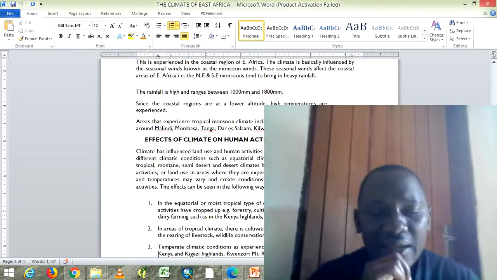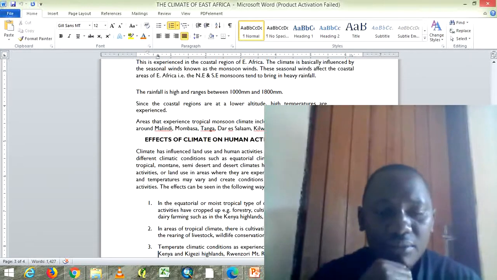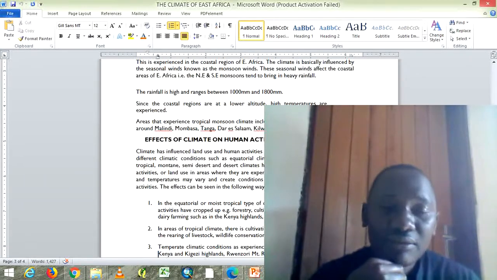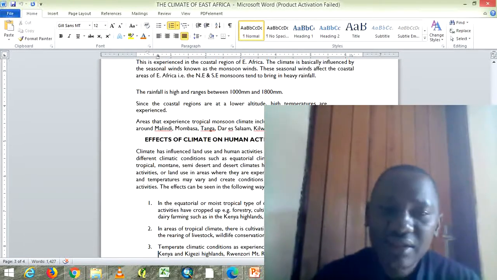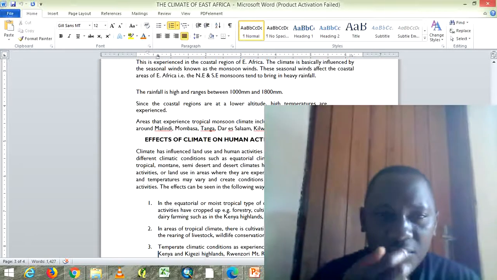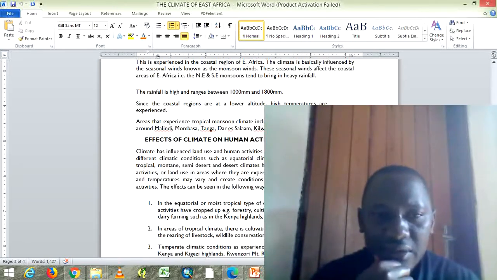Ideally, by virtue of our latitudinal location, our climate should have been equatorial. But because of certain issues which we are going to discuss as we go by, our climate is not truly equatorial, and therefore we experience all those climatic zones.